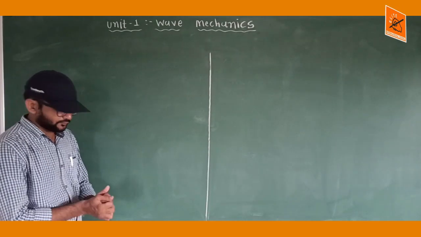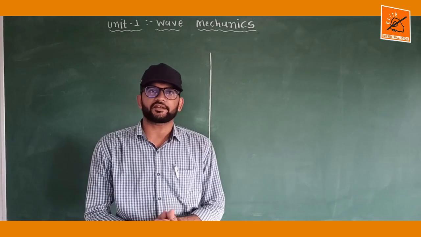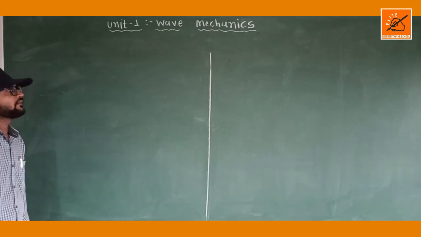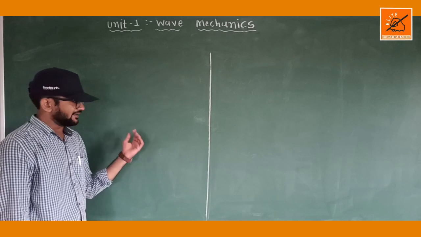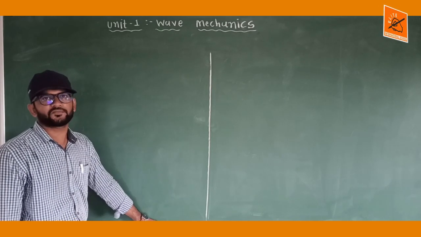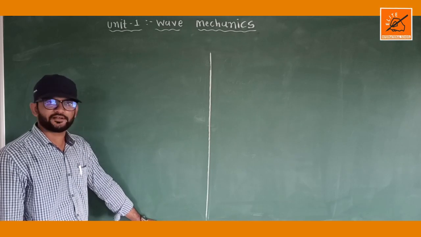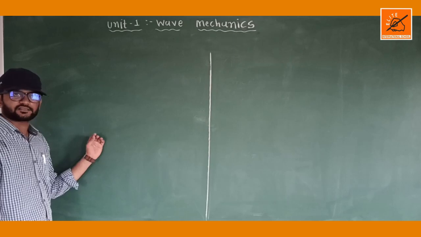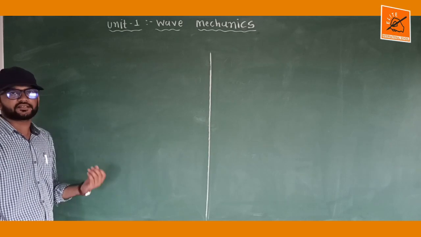Now, the seventh type of operator is the Hamiltonian operator. The Hamiltonian operator in any system indicates the total energy of the system. And what do you mean by Hamiltonian operator? The Hamiltonian operator in quantum mechanics indicates the total energy of the system.